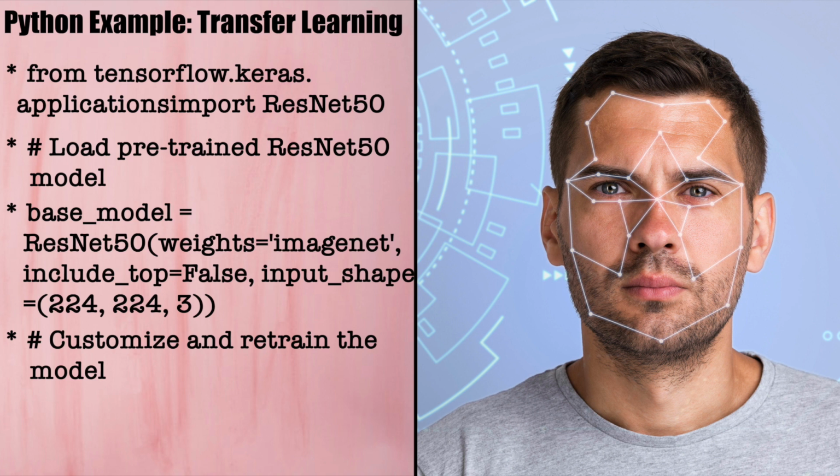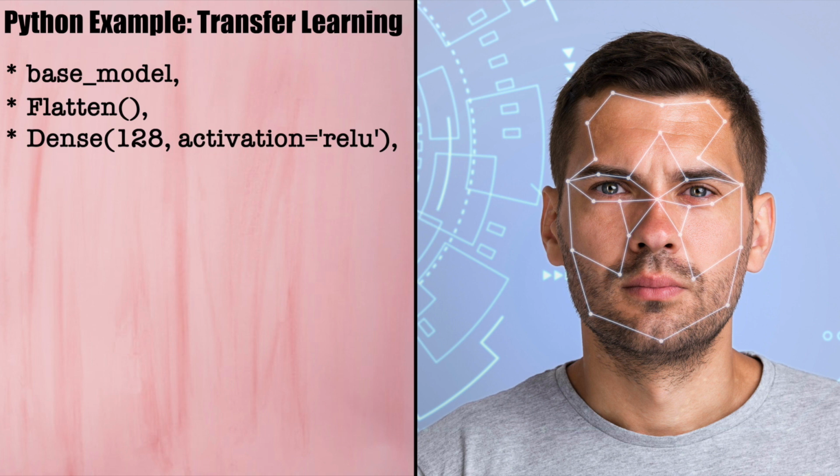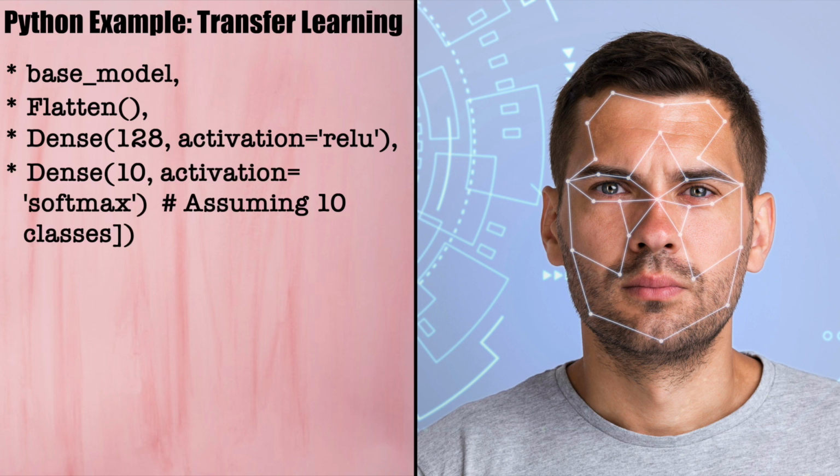We have a predefined model, now we are going to customize it according to our need, or we can say we want to implement it according to the data set. So for that we have to take the sequential model with the base model, then flatten it, then take the dense layers with the activation function of ReLU, and here we are taking 10 classes with the activation function of softmax.